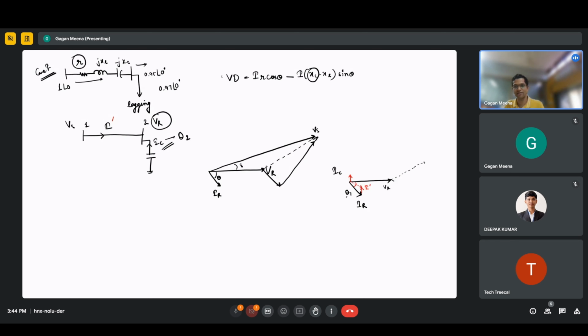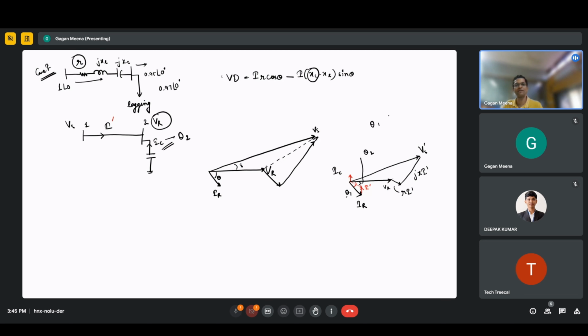R into I dash, and this becomes J X into I dash. And this becomes VS dash. This was VS.